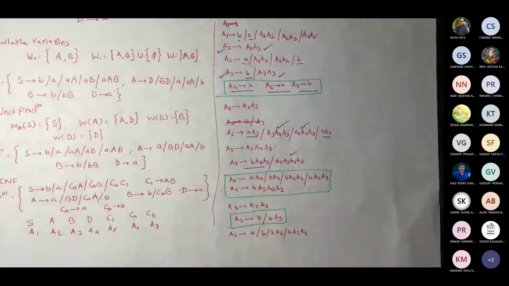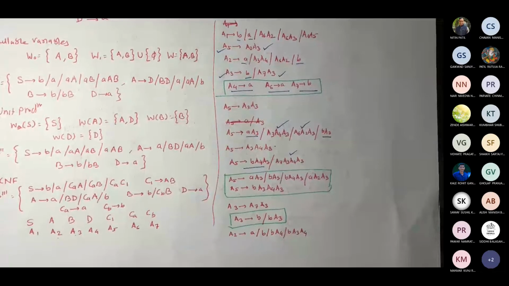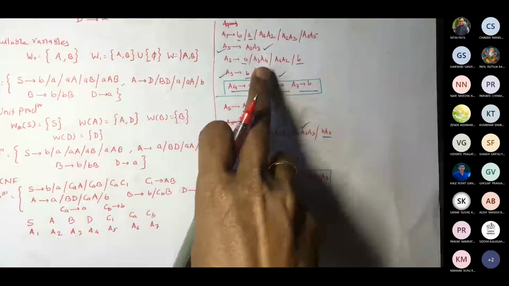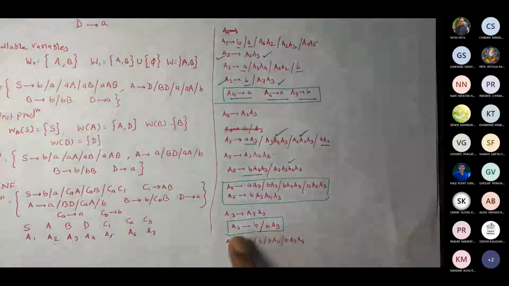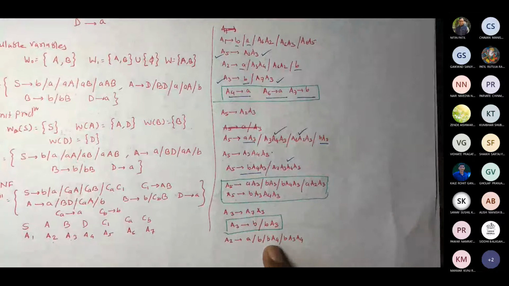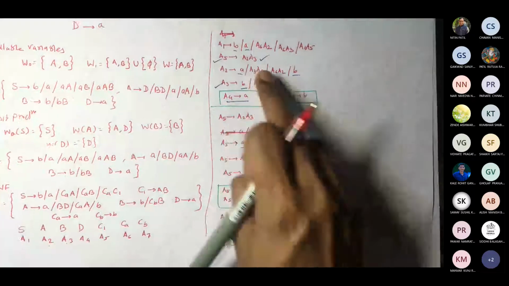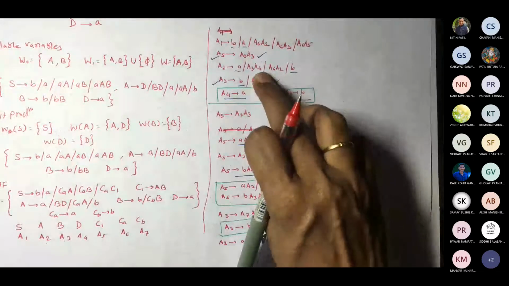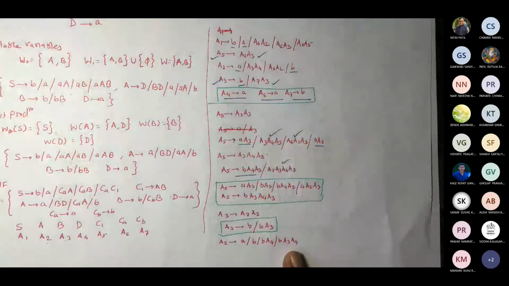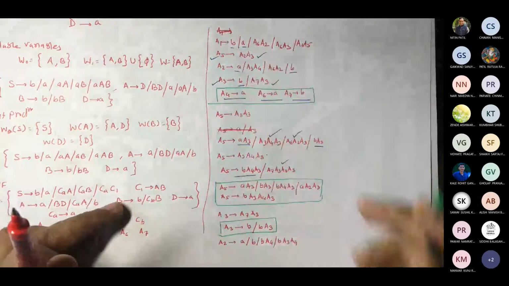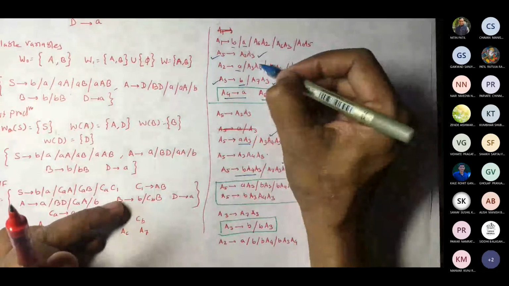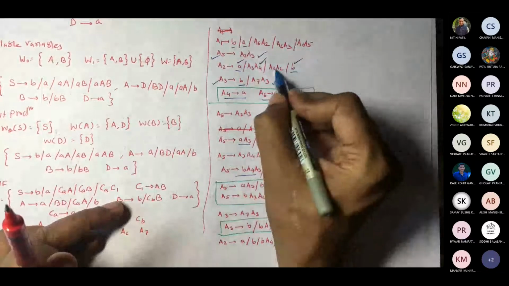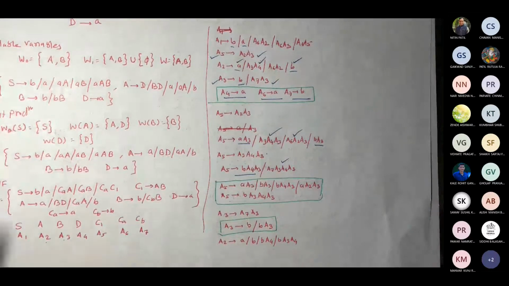Is that fine? See what I did? I replaced this A3 by two values. So I got this. So B A4, B A3 A4. Correct? Fine? Yes, sir. Okay. So we worked with this also. This is done.